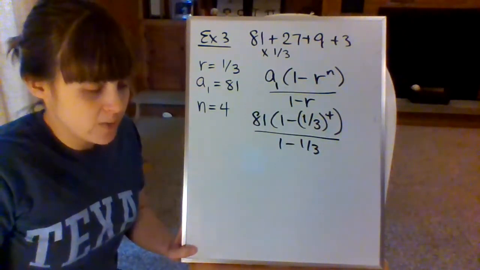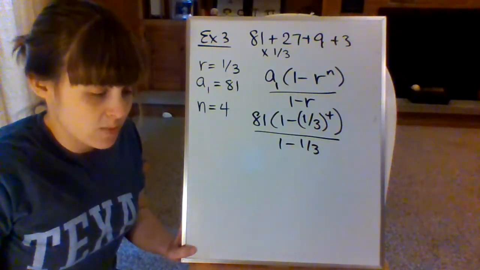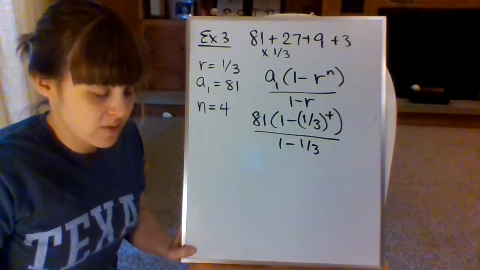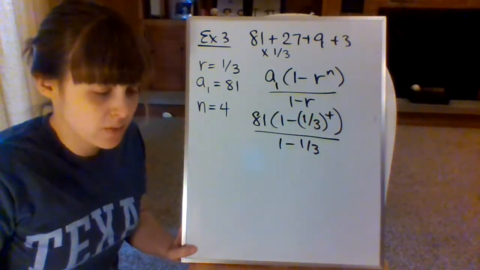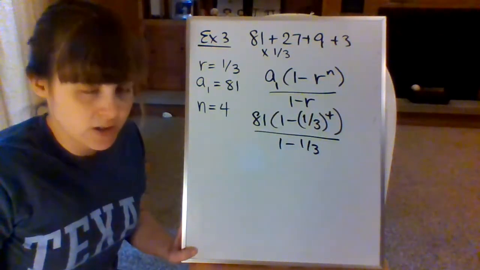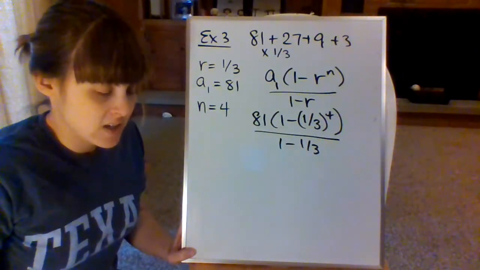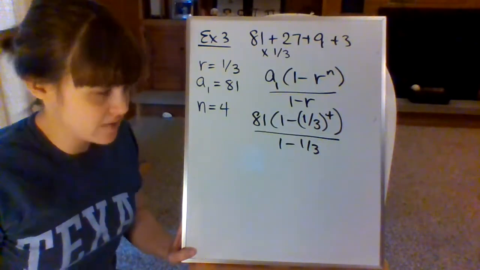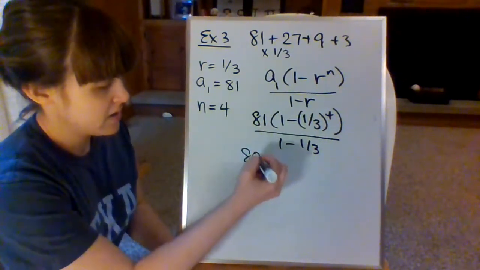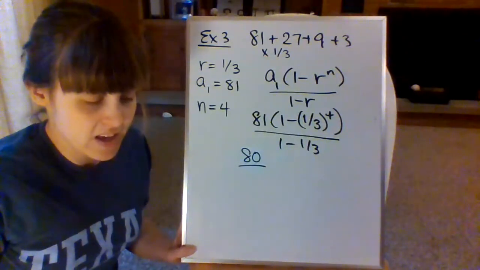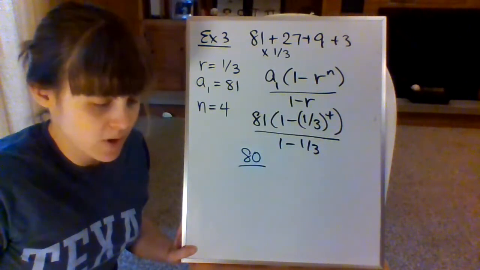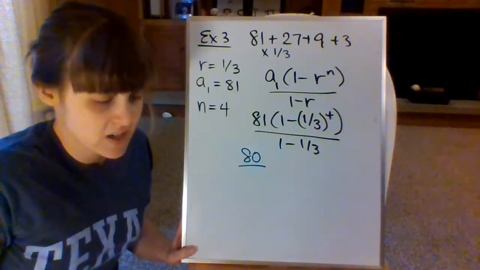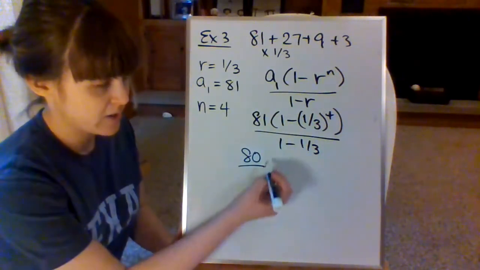So you would do 81 times, parentheses, 1 minus 1 divided by 3, and then you press the x to the y button, 4, parentheses, equals, and that should give you 80. So the top part of this thing equals 80.